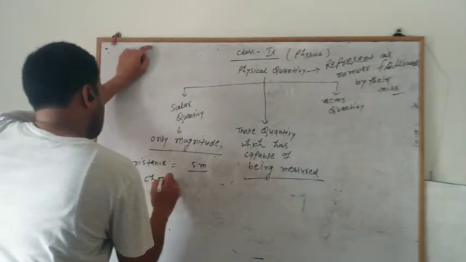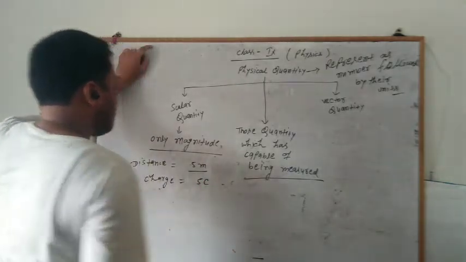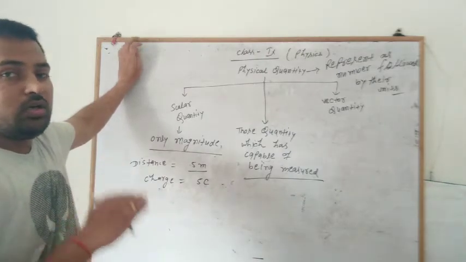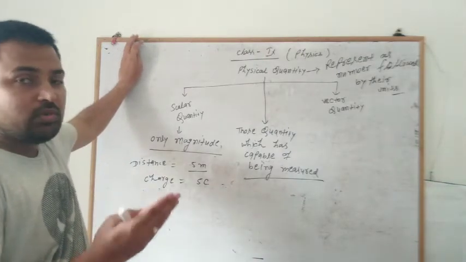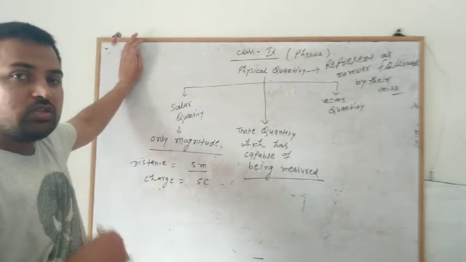Here another quantity is charge. Charge is a scalar quantity, that is, if we write 5 coulomb, so 5 coulomb charge. So 5 is the magnitude that represents the charge, and the coulomb is the SI unit of charge.